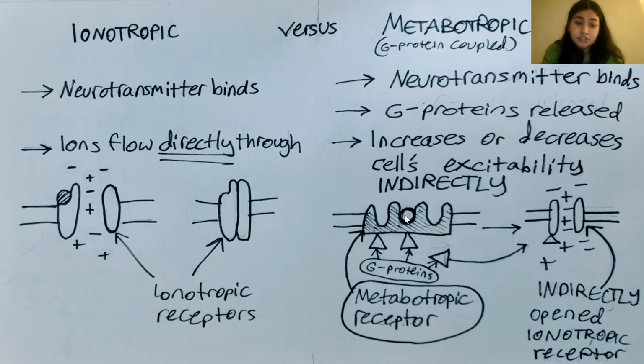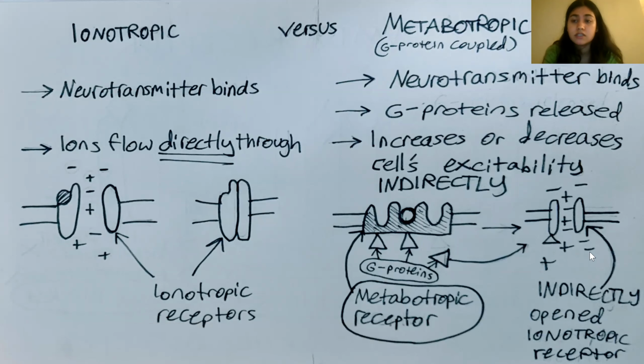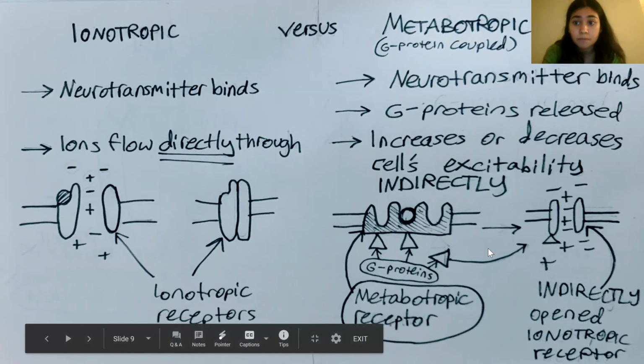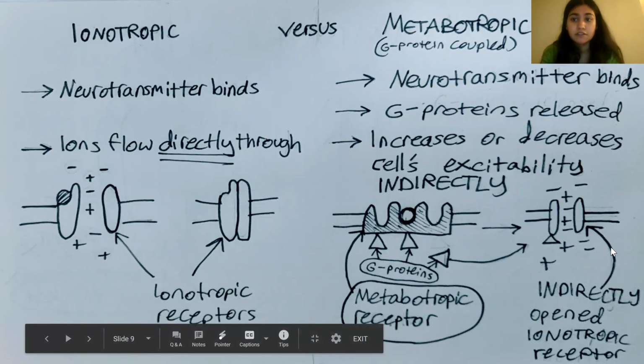What they actually do is that when neurotransmitter binds to them, they have these little miniature proteins attached called G proteins. And when neurotransmitter binds, they release these G proteins. And then these G proteins go and perform all sorts of different functions and mechanisms in the cell, one of which includes binding to other ion channels and opening those so that ions can flow through.